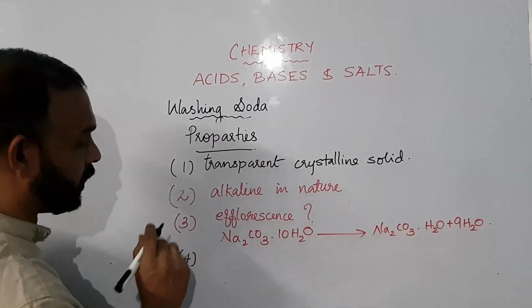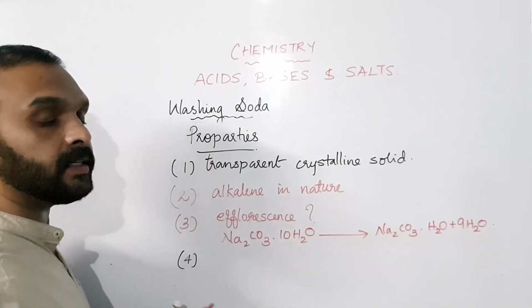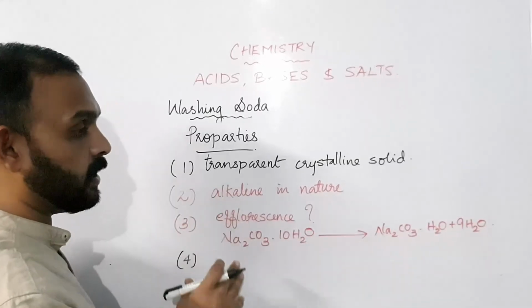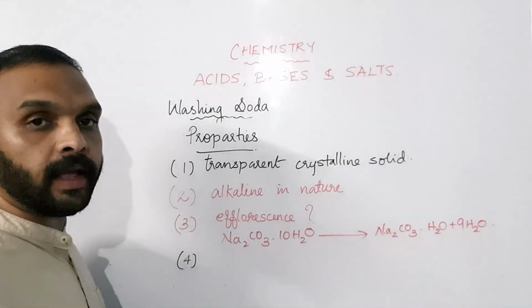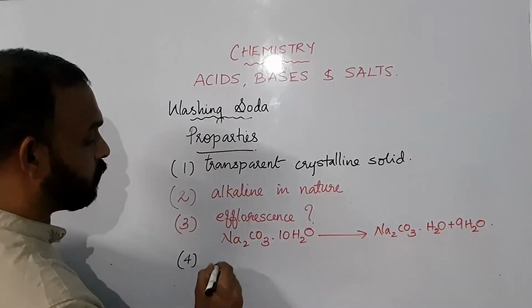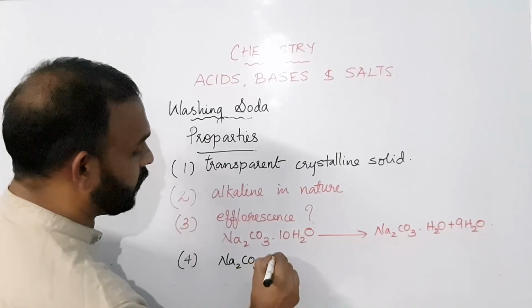The fourth property is that when washing soda is heated above 373 Kelvin, we have seen that normally when a compound is heated, it will get decomposed. But in the case of washing soda, when it is heated above 373 Kelvin, what will happen?